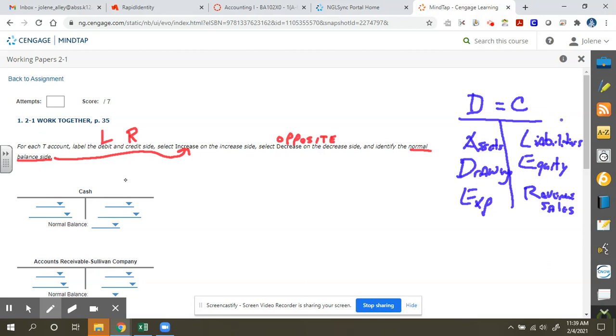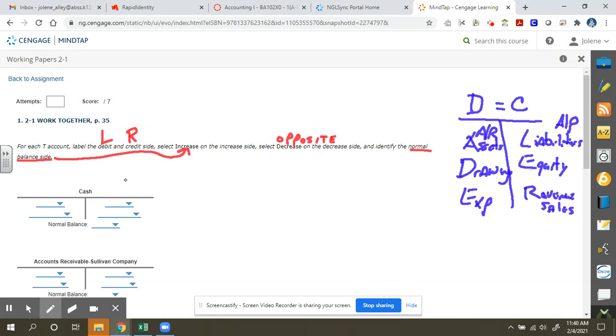Now, I want to remind you that all accounts payables are liabilities. You owe those to somebody else. You have to pay somebody else that. And then assets includes accounts receivable. That's when somebody owes you money. You're waiting to receive it. That's considered an asset. This tells me that assets, drawing, and expenses will always increase on the debit side.